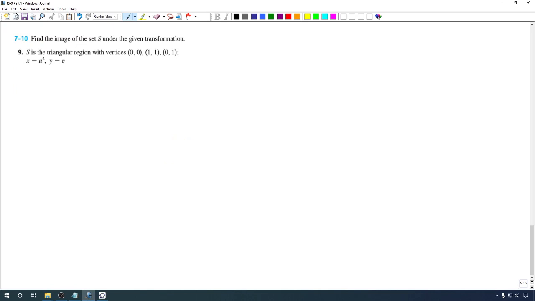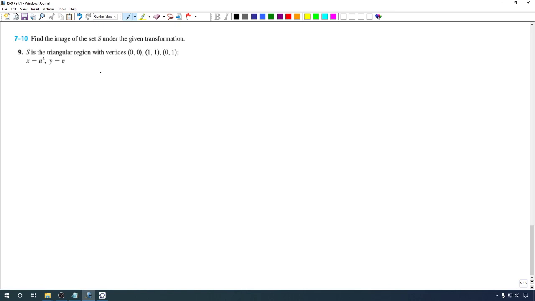Let's try this with some transformations that we're a little bit less familiar with. So here we have a particular transformation. We have variables x and y in terms of variables u and v. We have a region. They're telling us it's a triangular region, and they kind of expect us to realize that when we're talking about S, they're using the letters R and S for the region in the xy plane and the region in the uv plane.